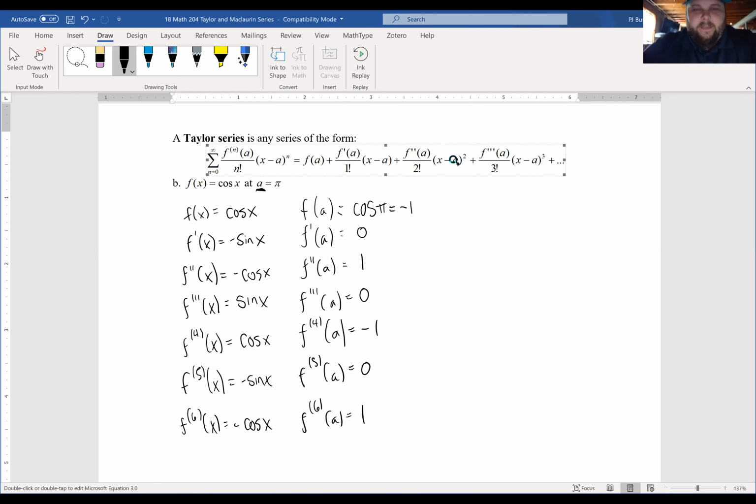So now I need to take these and plug them into the form above. My approximation is f evaluated at A, that's negative 1, plus, and here's where a lot of people go wrong. They'll go, oh, look, this is 0, I don't use it, I'm just going to jump to the next one. But instead, you first have to include those terms that are 0. So f prime is the next term. It's 0 over 1 factorial times x minus pi.